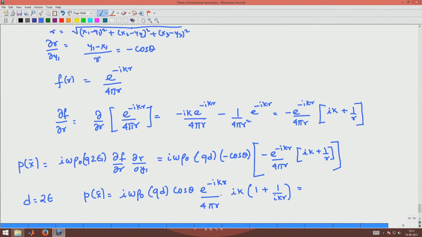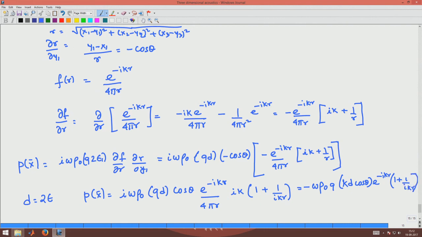And again, there are two i's, so we can put a minus sign and write this in the following fashion: minus omega rho 0 q k d cos theta into e to the power minus i k r into 1 plus 1 by i k r.